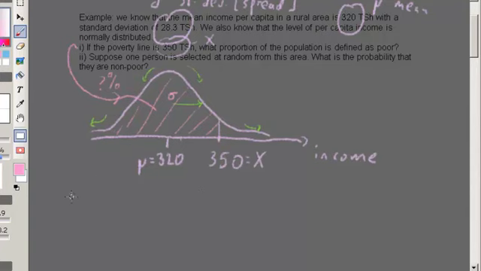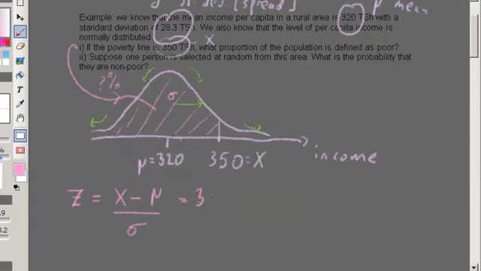The formula for the z-score, which is the number of standard deviations, is the number you're interested in, subtract the mean, and then divide by the standard deviation, sigma. So that's this minus this divided by the 28.3.